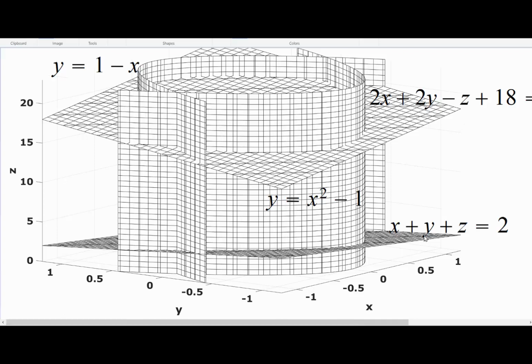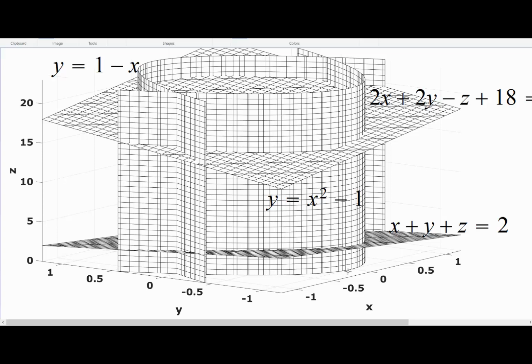All right. So in order to calculate the volume, one strategy is to compute the volume under the graph of this plane and over the xy plane that is bounded by the intersection of these two surfaces, and then compute the volume under this one and over the xy plane and take the difference.